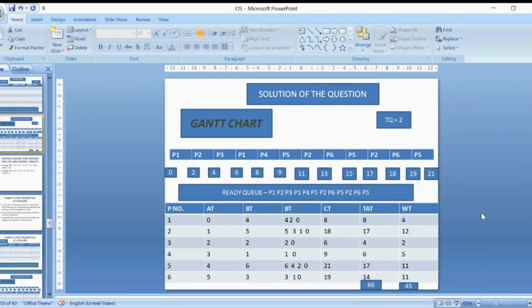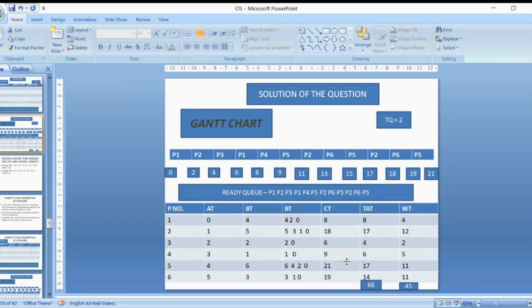So now the Gantt chart becomes 9, and since it executed its 1 burst time, we do not need to write in ready queue. Now P5 will execute its 2 burst time since the time quantum is 2, so now the Gantt chart becomes 11 since it has 4 burst time remaining, so we will write it in the ready queue.